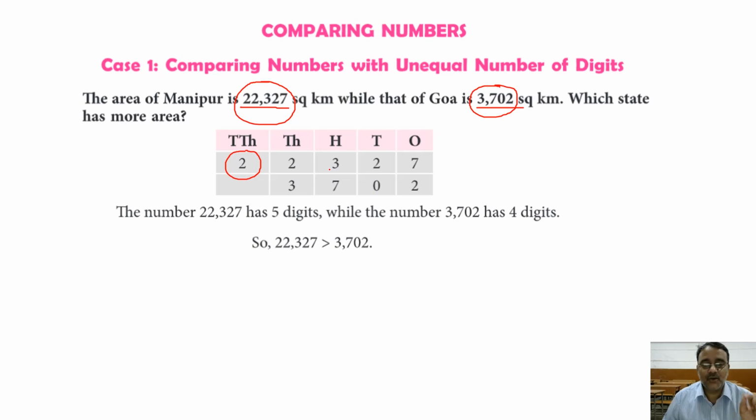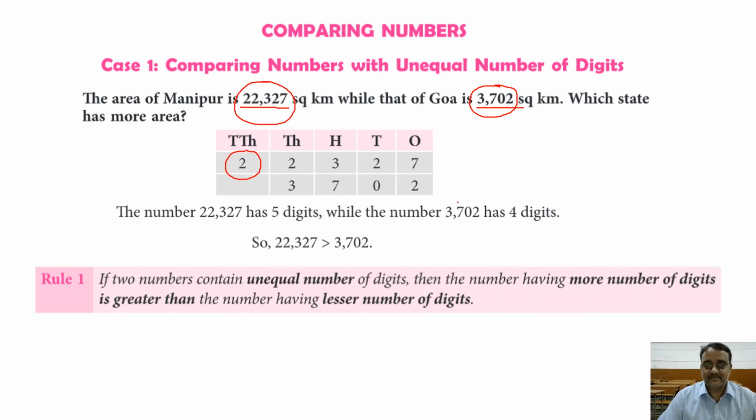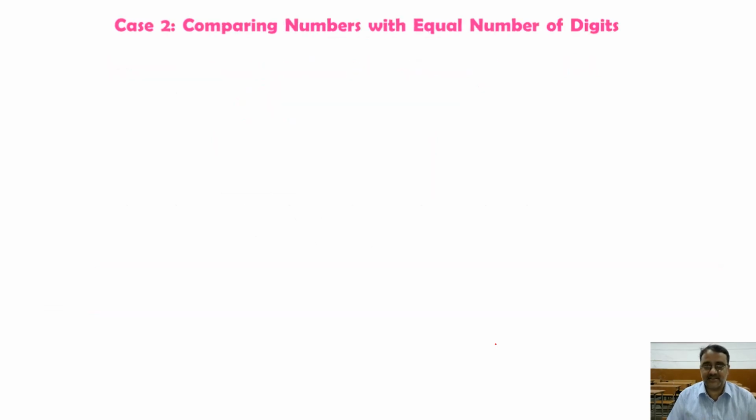Now what does the rule say? If the 2 numbers have unequal number of digits, then the number having more digits is greater. So this is the rule. ठीक है, और जिसमें कम digits होंगे वो छोटा होगा. Right. So now we are moving toward the next case, when both have equal number of digits.